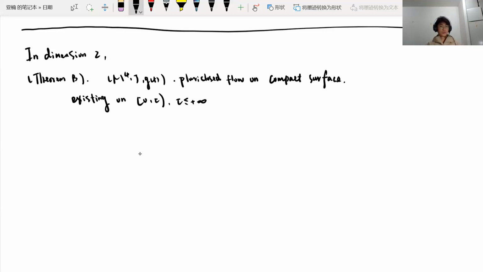It can be a global solution, and if the Chern Ricci is bounded.